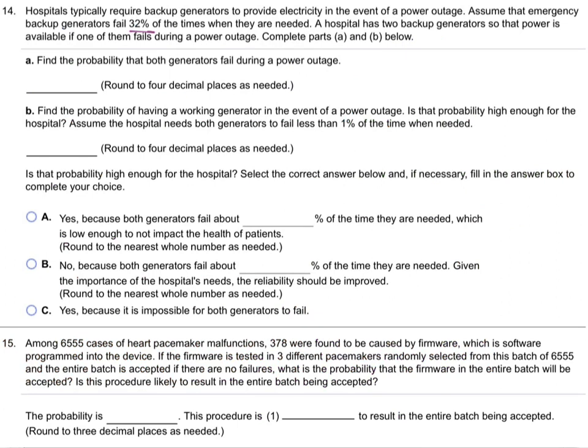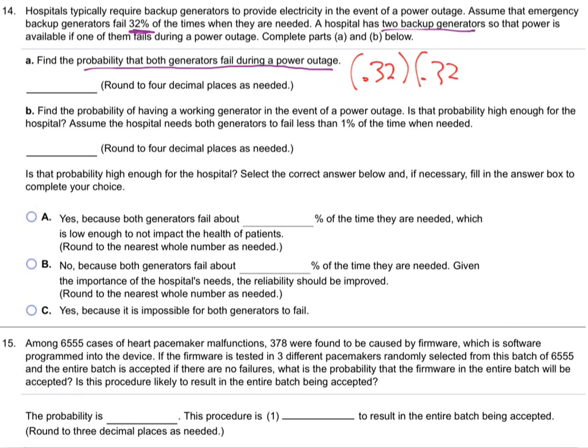Emergency backup generators fail 32% of the time. That's pretty bad. If they have 2 backup generators, find the probability that both fail. During a power outage, when you need the backup generators to kick in, what's the chance they're both going to fail if they each have a 32% chance of failing? 0.1024. How'd you get that? I just multiplied.